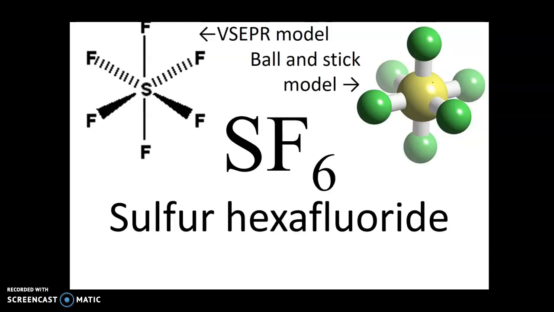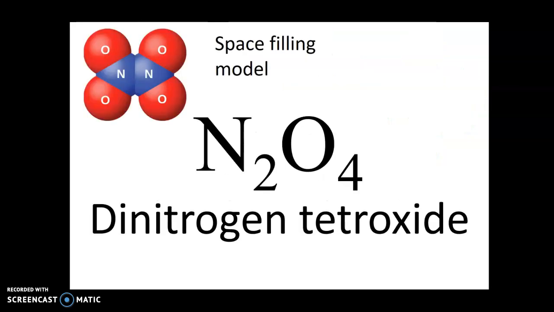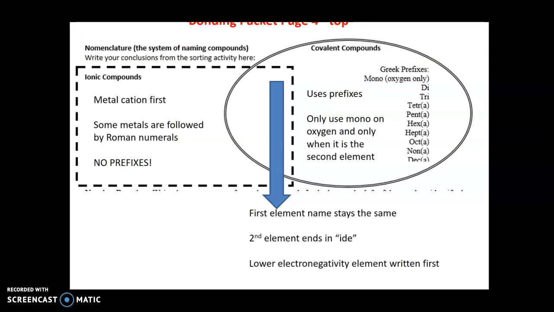SF6, hexafluoride. N2O4, tetroxide. So the second element also ended in ide, and also in almost every case had a prefix to tell us how many there were in the chemical formula.